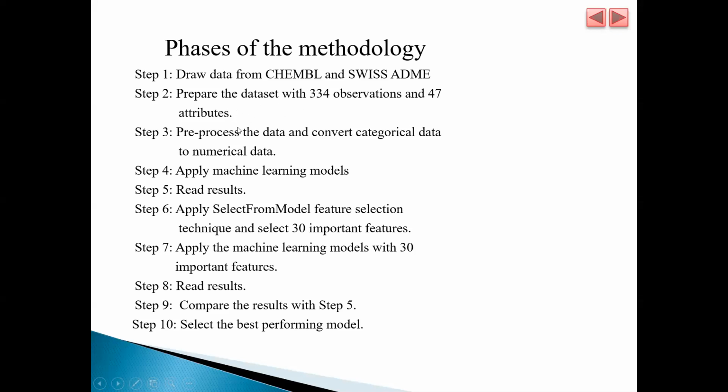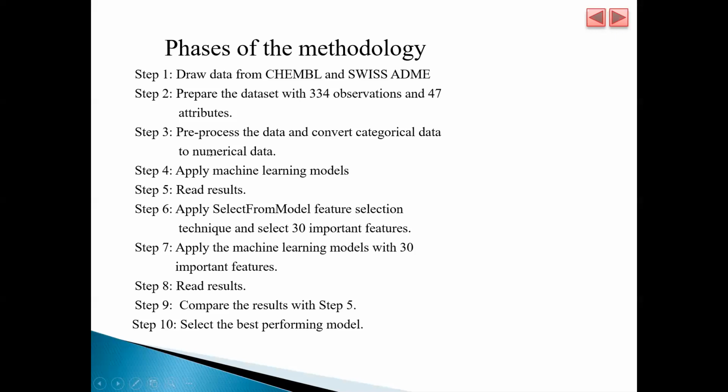In pre-processing, we convert all the categorical data to numerical data, like high to 1 and low to 0, yes to 1 and no to 0. The solubility of a particular drug is also converted from 1 to 5, like very soluble, mildly soluble. All those categorical data are converted to numerical data in the pre-processing stage.